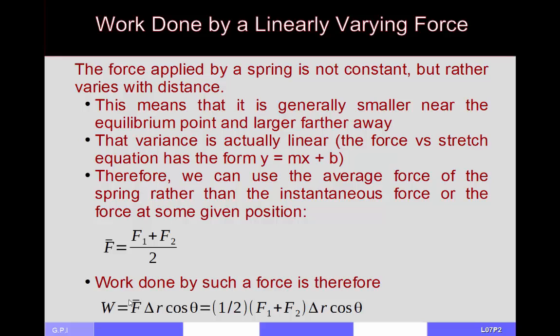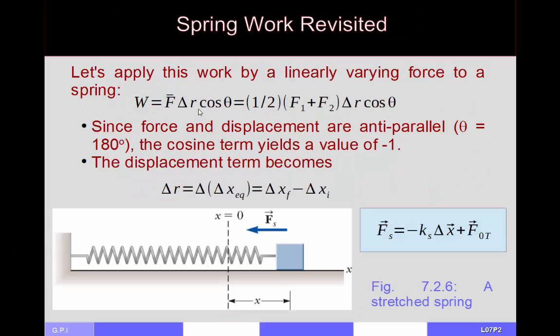And so the average force is going to look like force 1 plus force 2, divided by 2, times this displacement times cosine of theta. And so in the case of a spring, this delta r is basically going to be the change in the displacement from equilibrium.